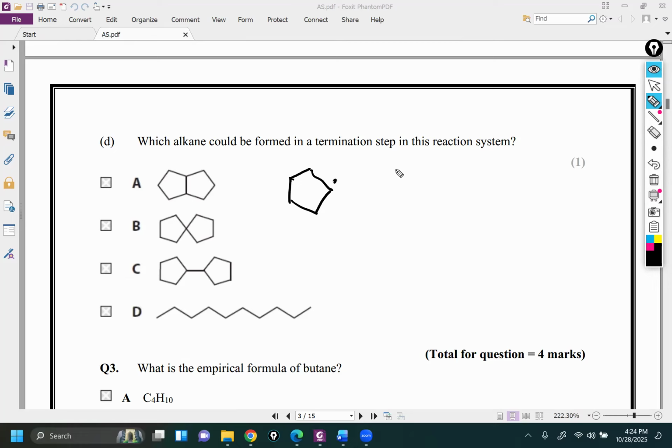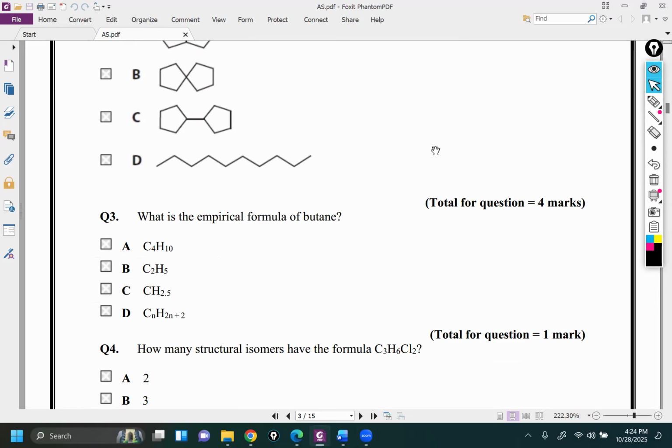So if one free radical forms here and the other free radical forms here, and this free radical and this free radical join together, they will make a bond, and then we can make a compound like this, and this gives the correct option, option C. The two free radicals join and will give C10H20. In this case, H18, sorry.